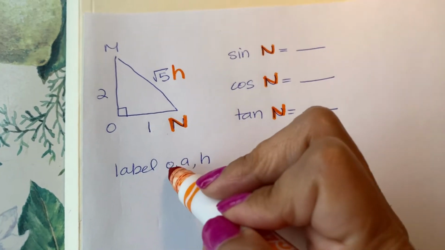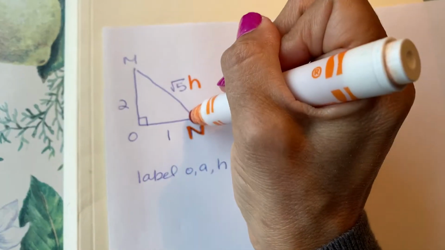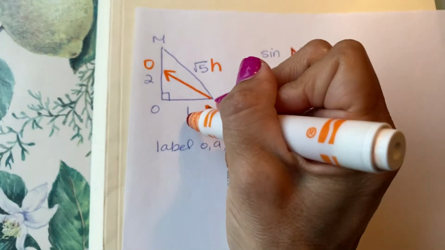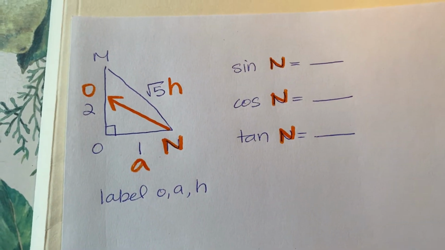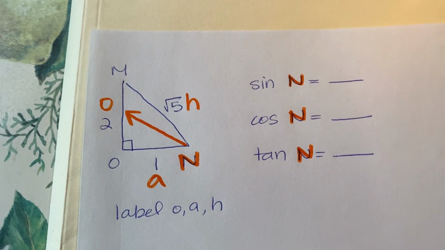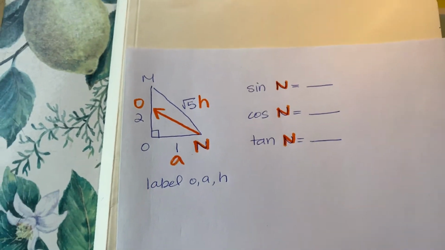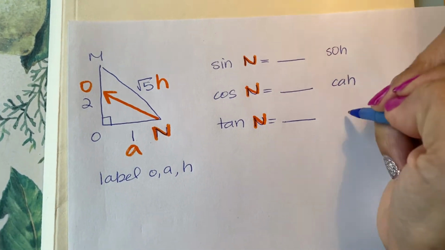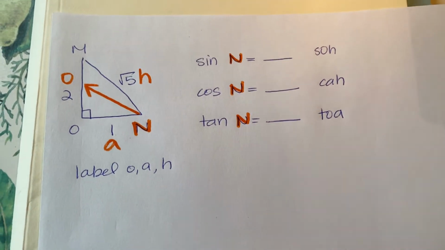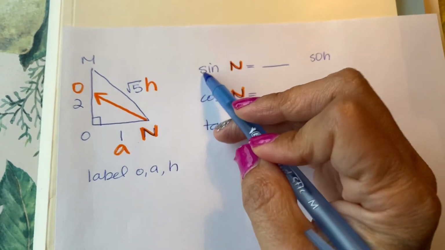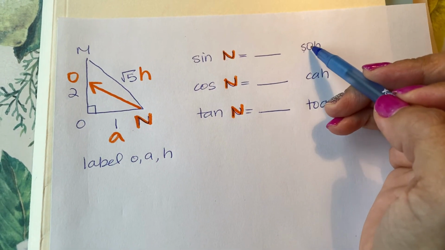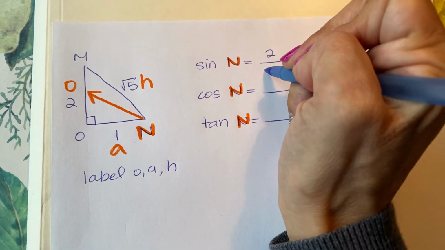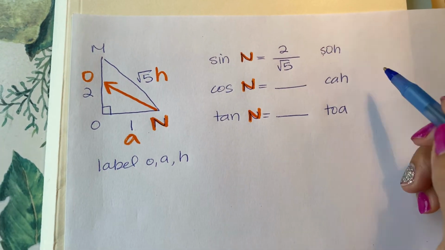Now where's opposite, adjacent? Again, straight arrow. There's my O, and there's my A, and there's my H. Now I dive into SOHCAHTOA. What's sine of N? Sine is opposite over hypotenuse, opposite 2, rad 5.